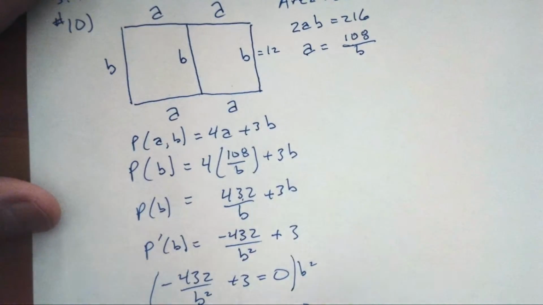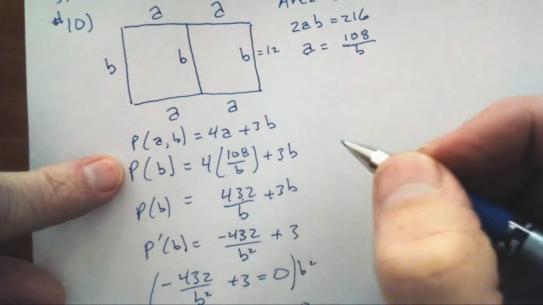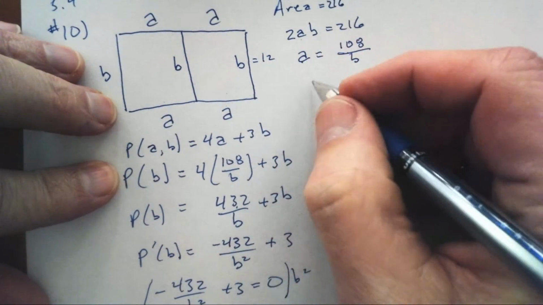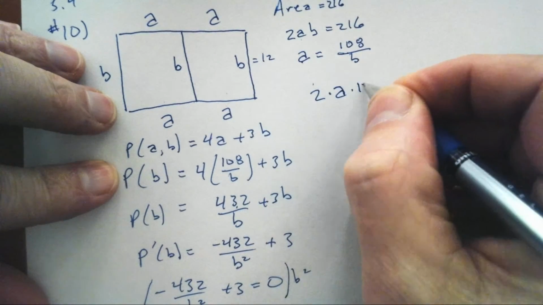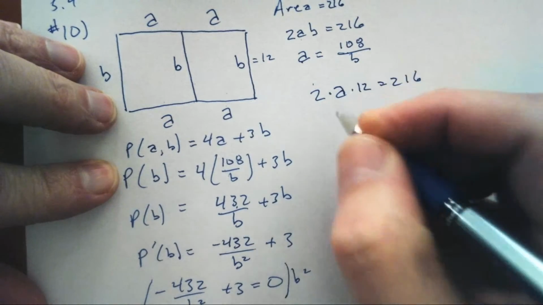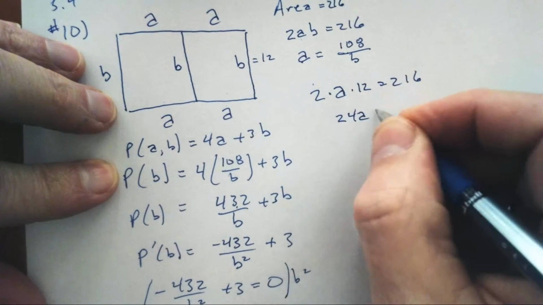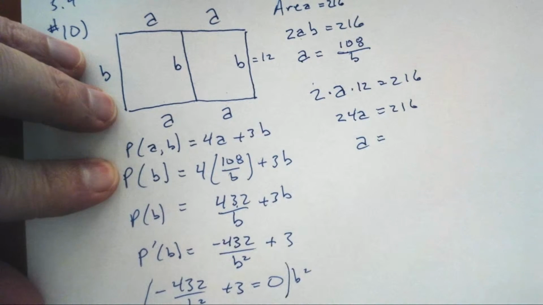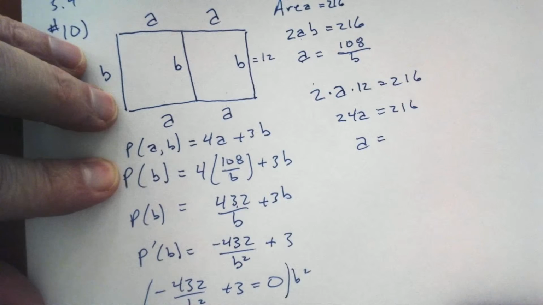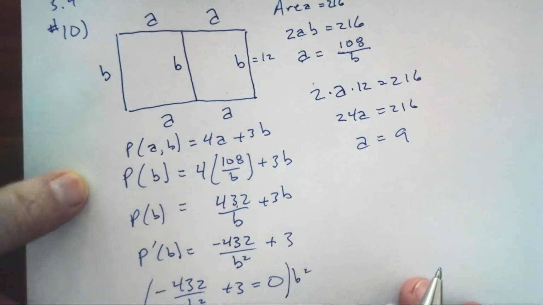B is 12, therefore, if we take a look back up here, we've got 2 times A times 12 equals 216, or 24A is 216, or the length of A, I should be able to do that. 216 divided by 24, of course that works out evenly, is 9.